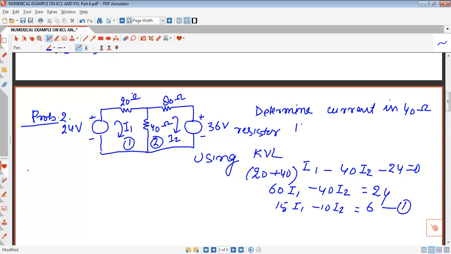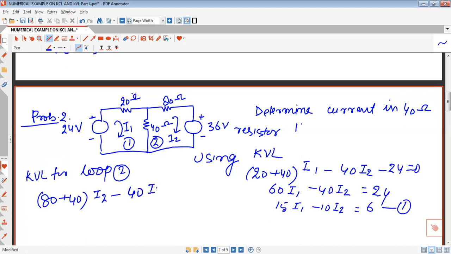So now writing KVL for loop 2. Here I2 is flowing through 80 and 40, so we just add these two resistances, 80 plus 40, multiplied by the loop current I2, and I1 is also coming here, so we take it as negative 40 I1.